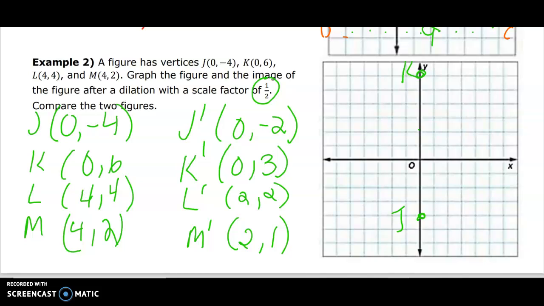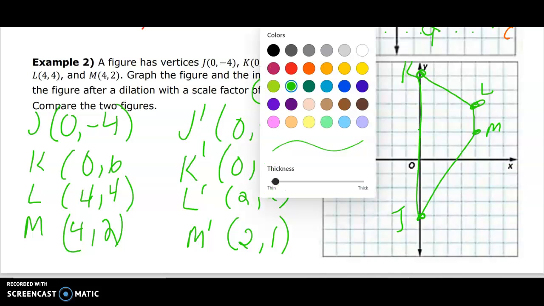That would have messed me up. It's 4, 4. That's L. And M is 4, 2. And that's M. And here's my figure. It's another little trapezoid. And then we're going to do our primes.